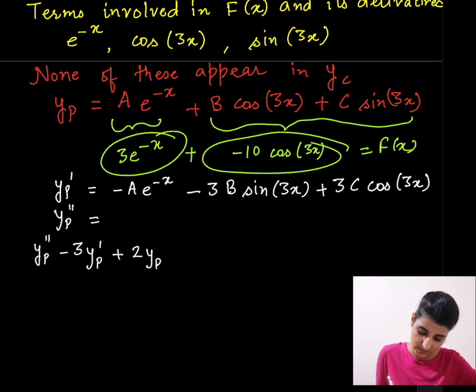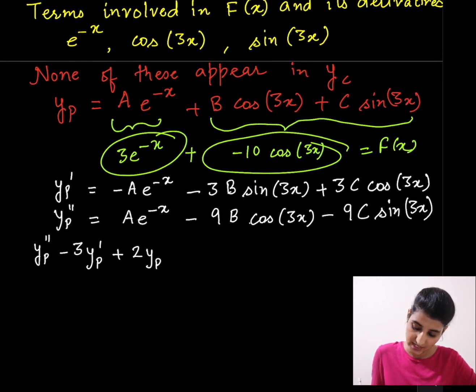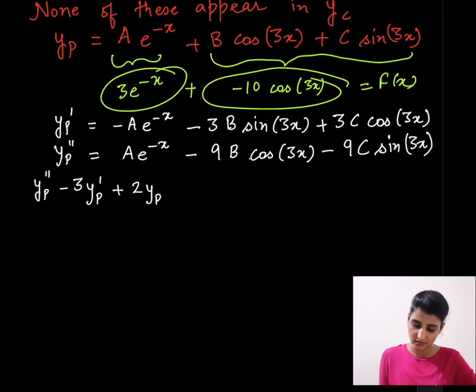If we take the second derivative we will get a e^(-x) minus 9b cosine 3x minus 9c sine 3x, because the derivative of cosine is negative sine.